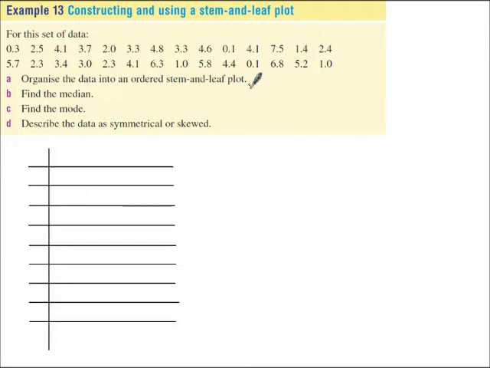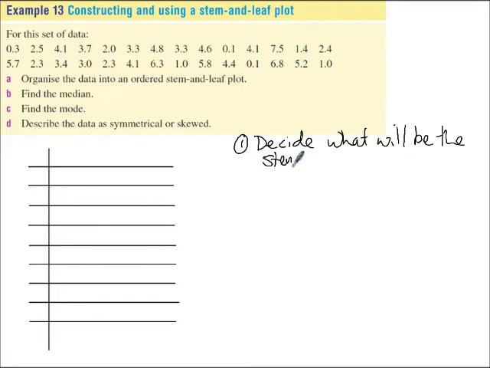The first thing I have to do is decide what my stem's going to be. So generally speaking, not always, but generally, the final digit is your leaf, and what comes before the final digit is your stem.